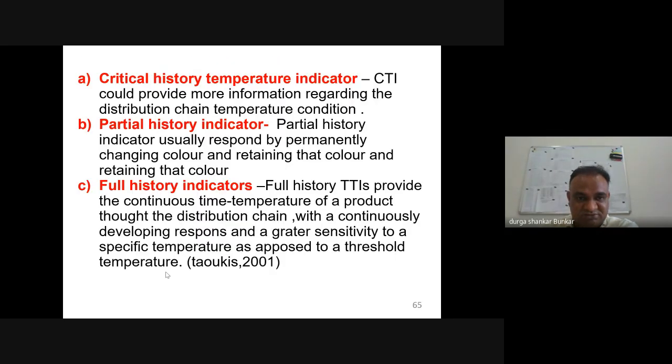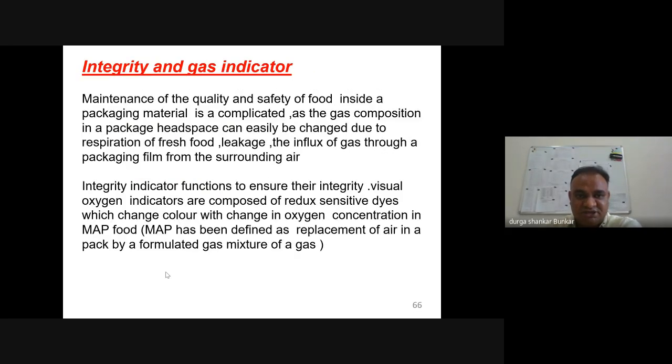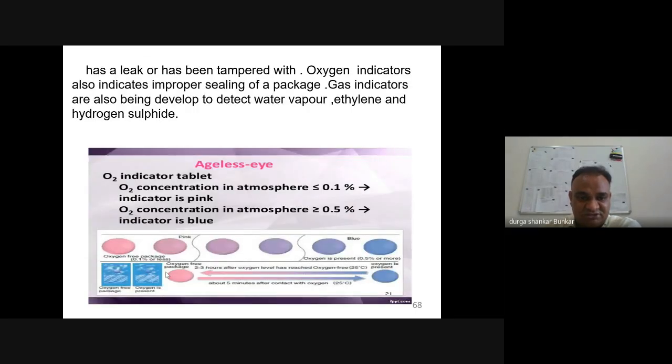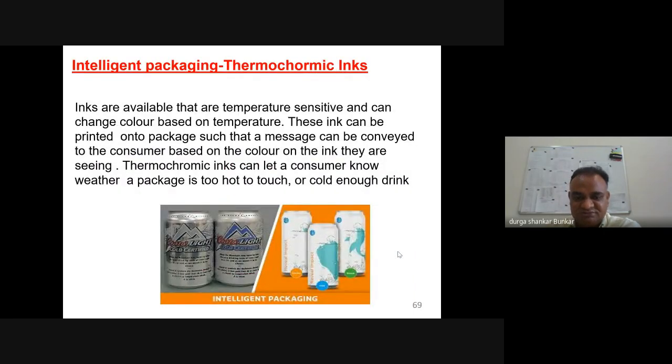These are the three types: one is the critical, another is the partial, and the third is the full history indicator. And it shows how the product changes. Here we can observe that the product is found in the color pink, and it finally converts to blue. So this shows how the quality of the food product changes during storage.